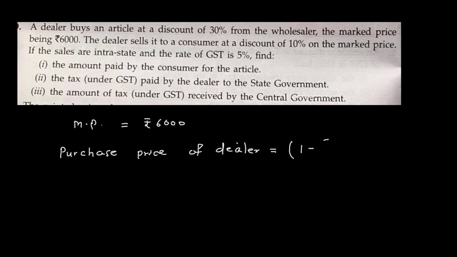That means (1 minus 30 divided by 100) multiplied by 6000. So 10 minus 3 is 7, 7 divided by 10 multiplied by 6000. We cancel this 0, 7 sixes are 42. So this is rupees 4200. Purchase price of the dealer is rupees 4200.